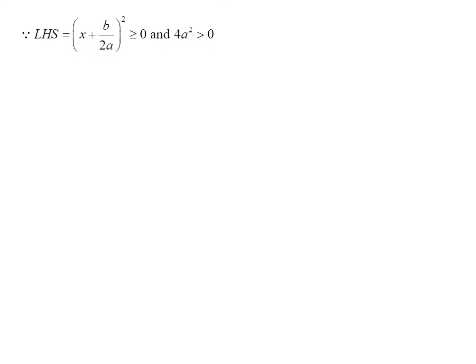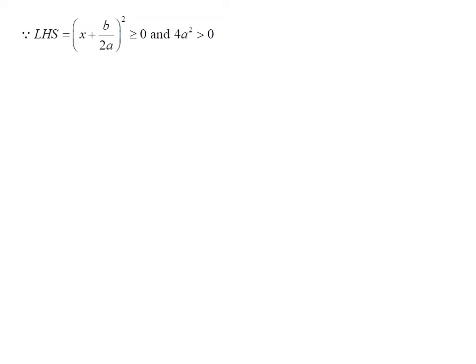Since the left hand side is a completing square of x plus b over 2a, in parentheses squared, it is always greater than or equal to 0. Because the right hand side is equal to b squared minus 4ac over 4a squared, the condition for this quadratic equation to have a real solution is that b squared minus 4ac must be greater than or equal to 0.